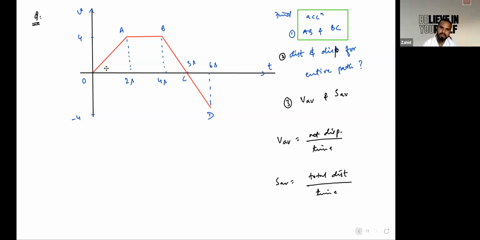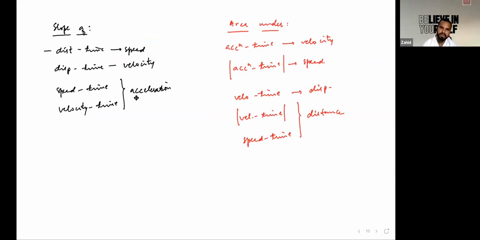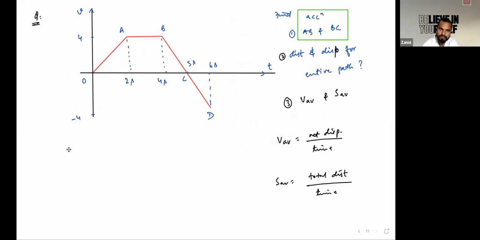So you have to find the slope of line AB. To get the slope of any straight line, first take the point of each part. So it will be 2, 4. Similarly, it will be 4, 4. Now, acceleration of path AB equals y2 minus y1 over x2 minus x1. Just put all the values in, you will get acceleration.